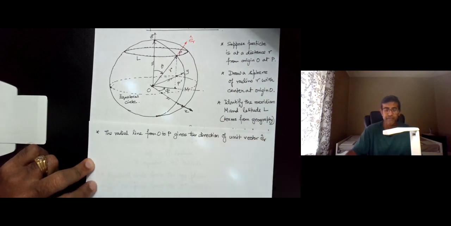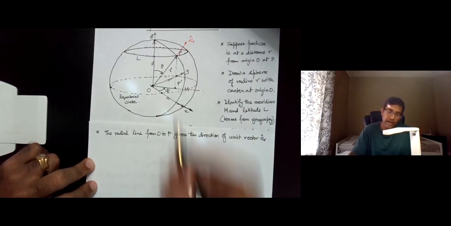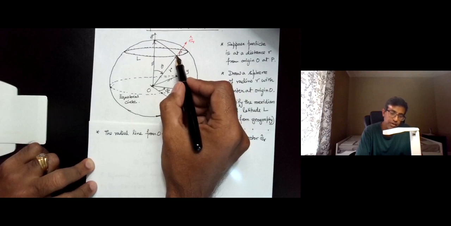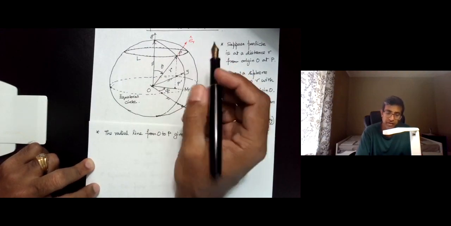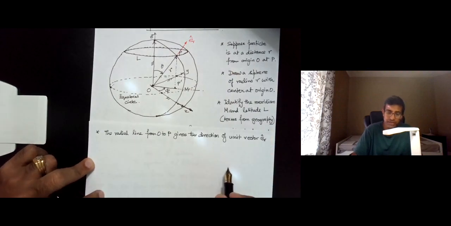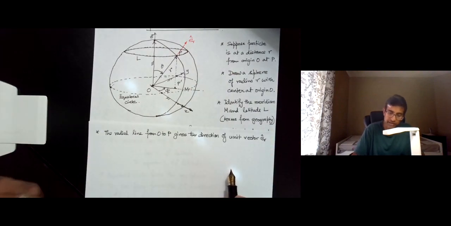Okay, and the spherical coordinate system is centered at the location of the point P. So as the point P moves, the spherical coordinate also moves, and so therefore it is translating as well as rotating.